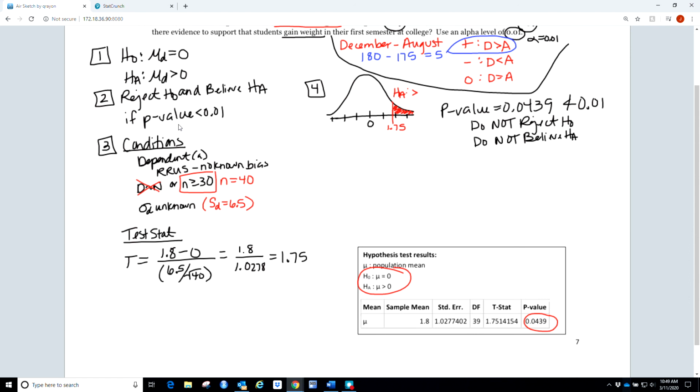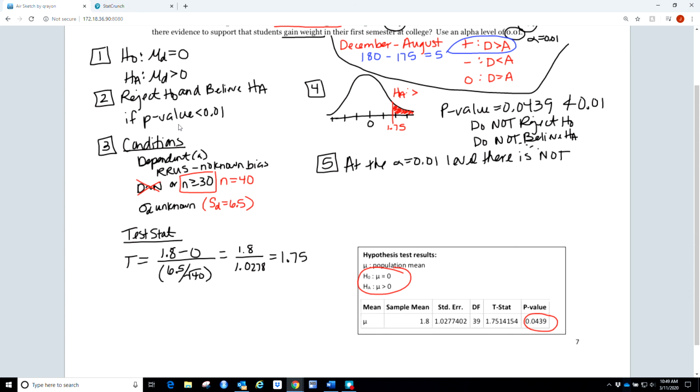So then when we think through again our conclusion, we always start with our alpha level, which is 0.01. Now, because we did not reject, remember that that not comes down here as well.